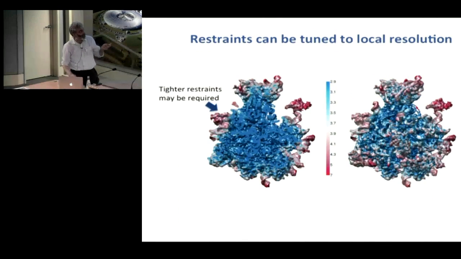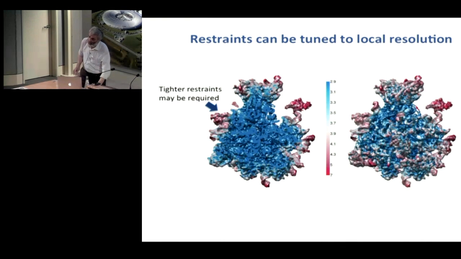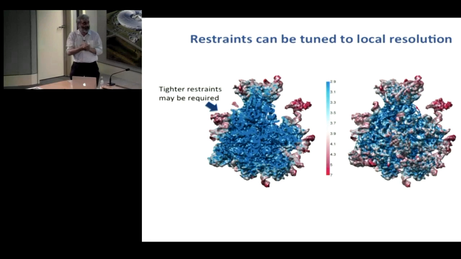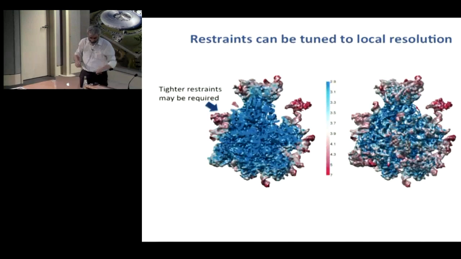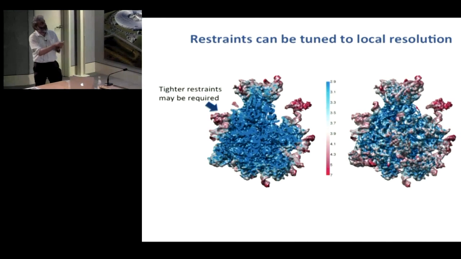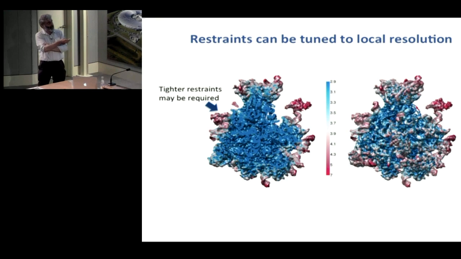This type of restraints can be tuned to local resolution. As you know, in cryo-EM maps, you get various resolution at different places, but it's a completely different matter. We will not go into that. These reference structures can be tuned using information about local resolution.